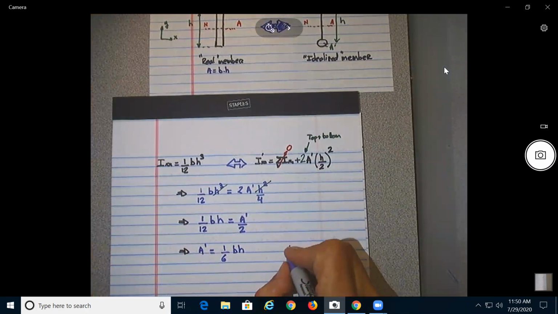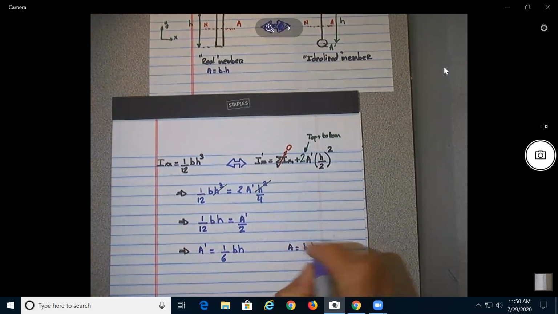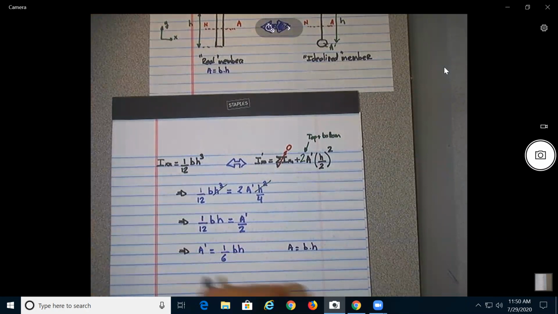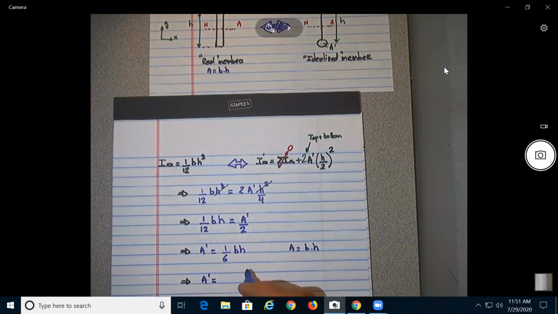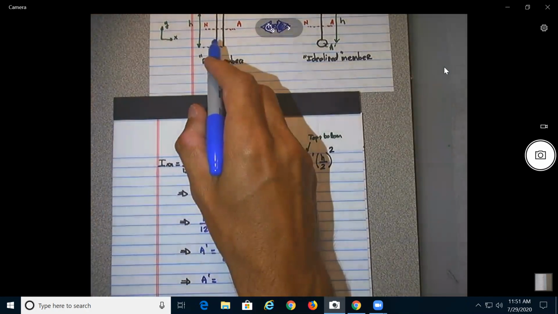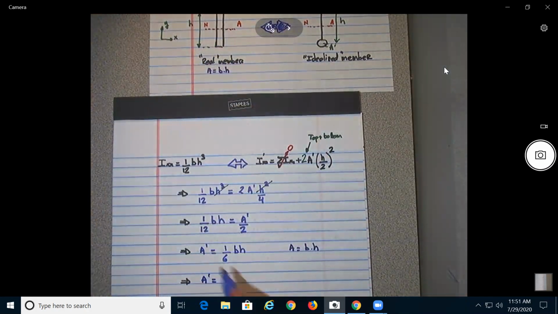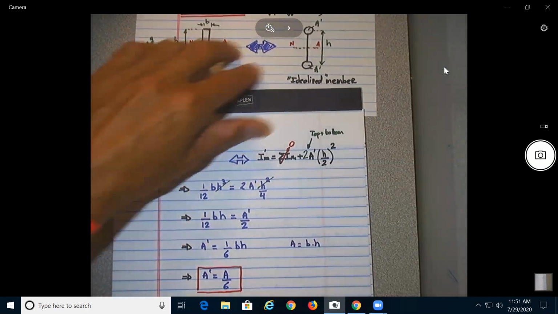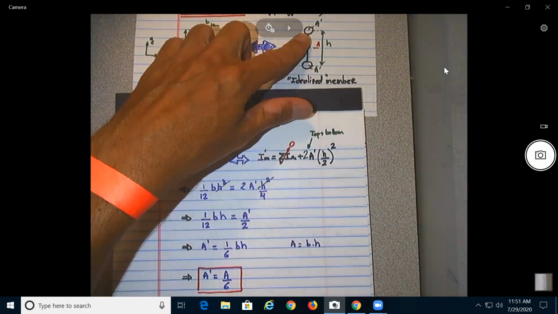So here we have A equal B times H. So basically, this will give you that the idealized structure, the A prime, should be equal to 1/6 of the area of the original structure. Okay? So it will be A over 6, where A prime will be the area of this idealization over here.